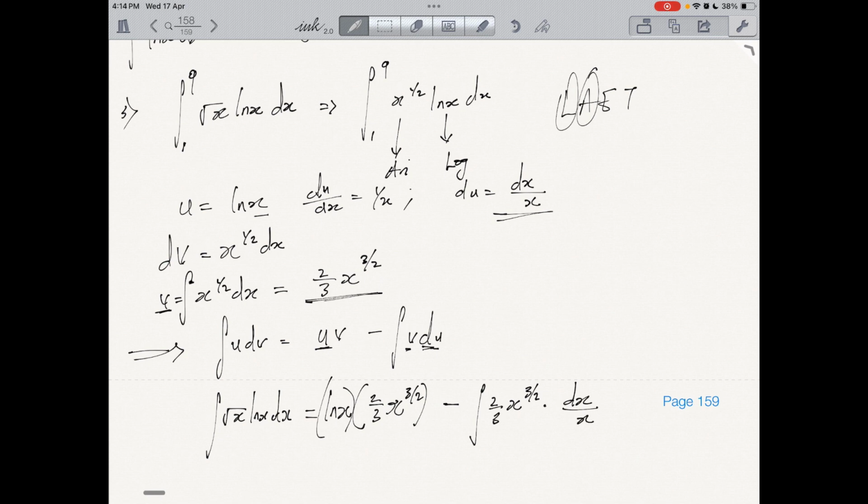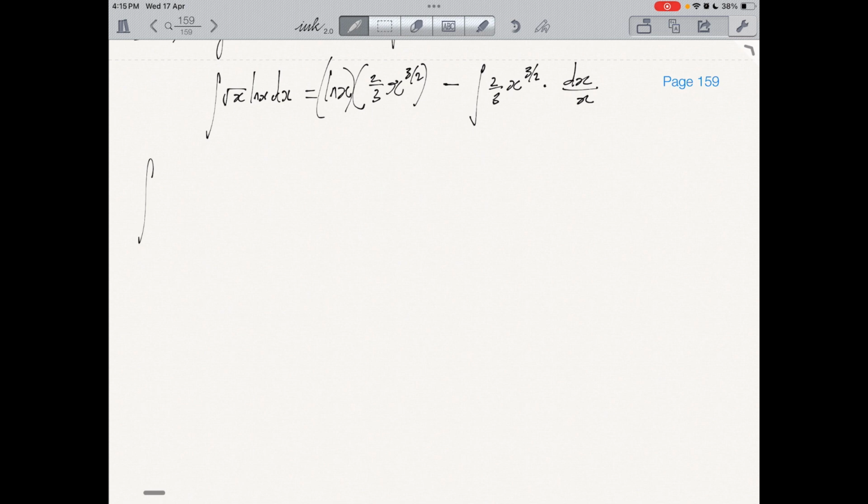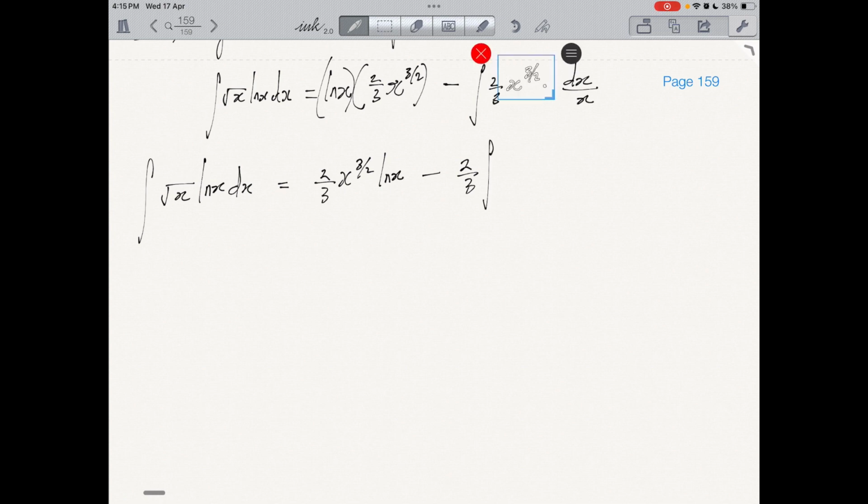over x. So let's simplify further, and we have that the expression for the integral is equal to 2 over 3 x raised to power 3 over 2 ln x minus 2 over 3 as a constant. And when we apply the law of indices to x raised to power 3 over 2 divided by x, we will have x raised to power half to be integrated with respect to x.